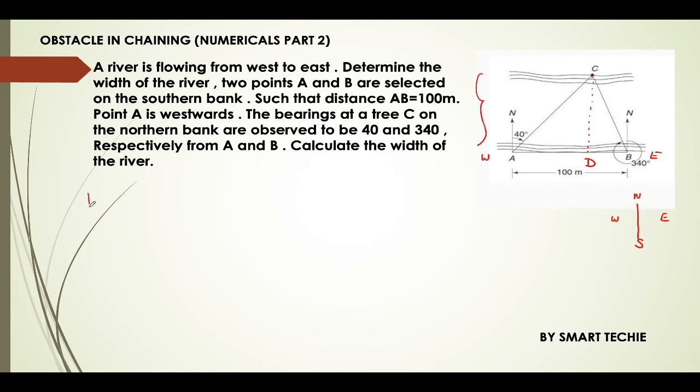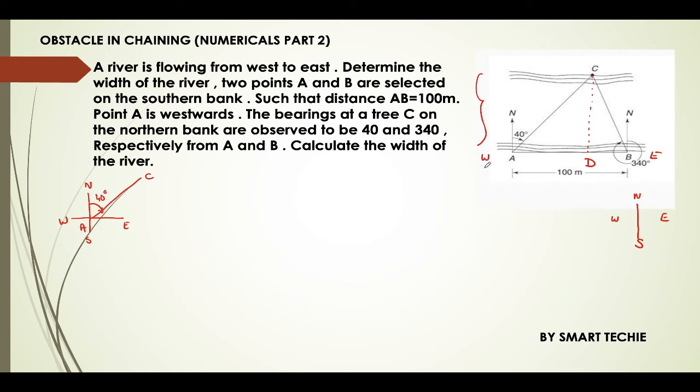Bearing is an angle measured with respect to the north direction. At point A, if I consider north, south, east and west, and there is a line AC, they have given the bearing as 40 degrees.